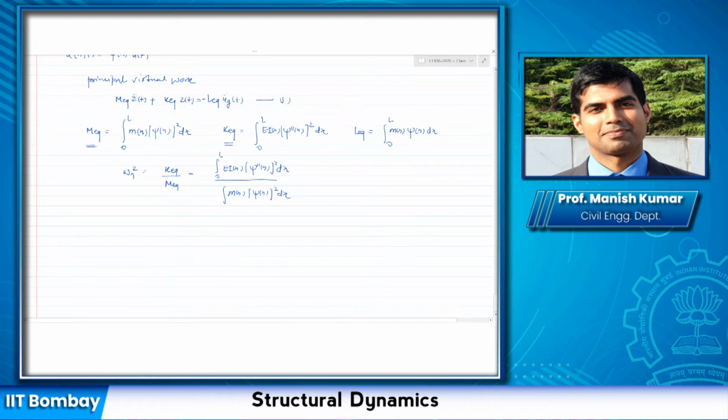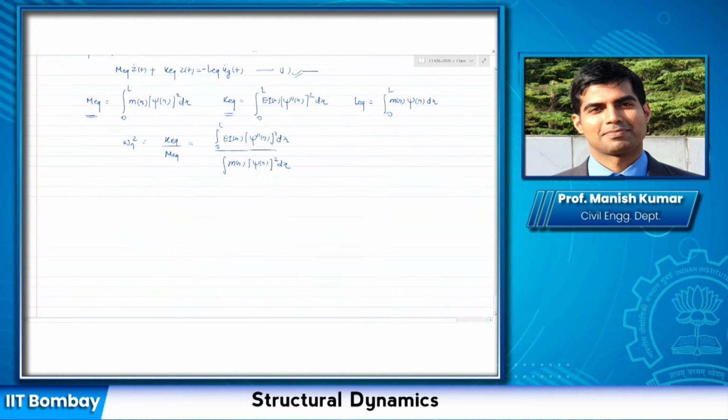Now, remember that this equation of motion that we have derived was without damping. We don't have a similar formula for c equivalent here, because, as we have previously said, the damping for a structure is not determined from the structural properties, is it? We never said that it would be determined from the shape function or the mass variation or stiffness variation.